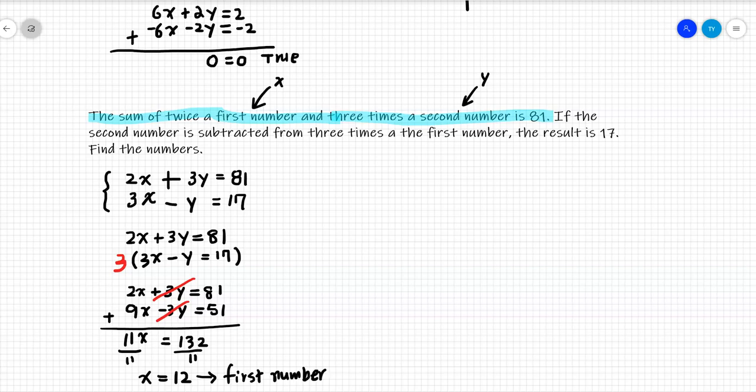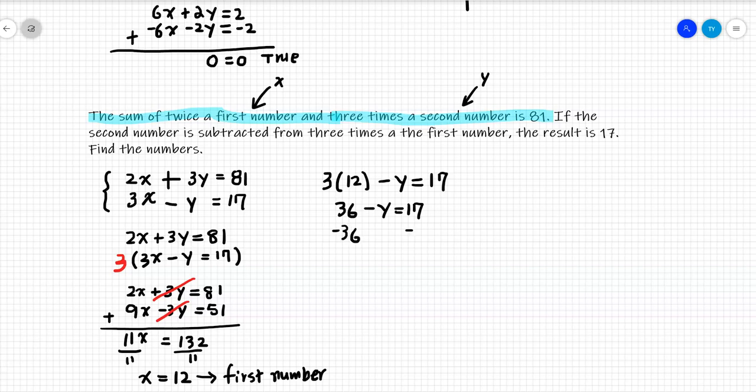Now we have to plug back into one of these to find the second number. The second number is y, so why don't we just use the second equation? You get 3 times 12 minus y equals 17. So 36 minus y equals 17.